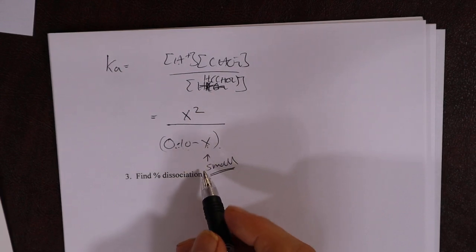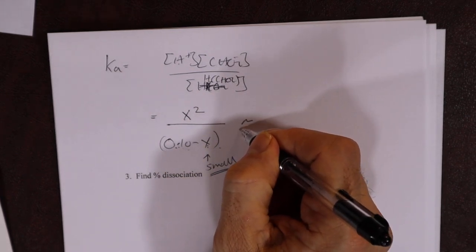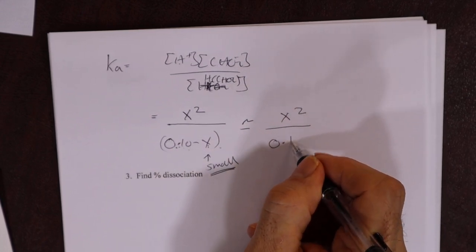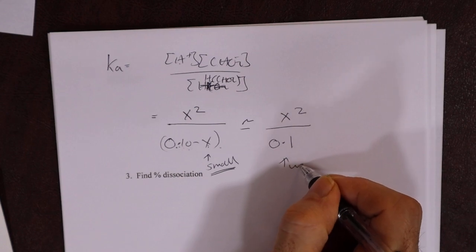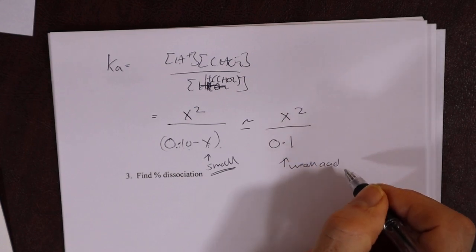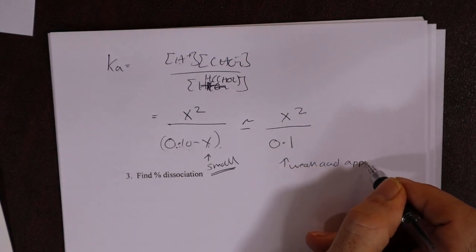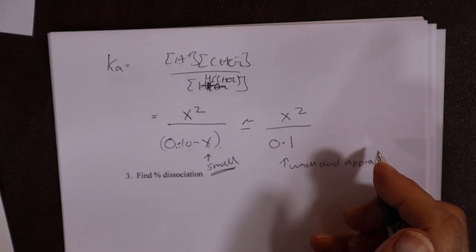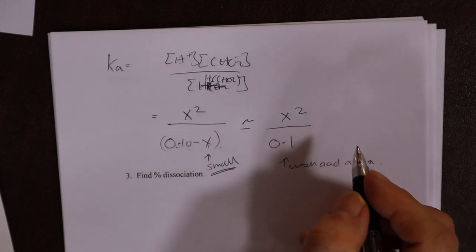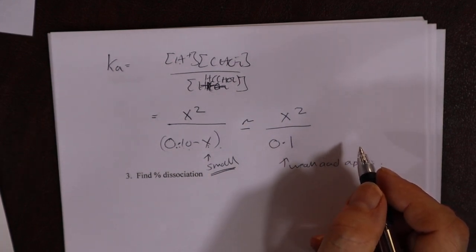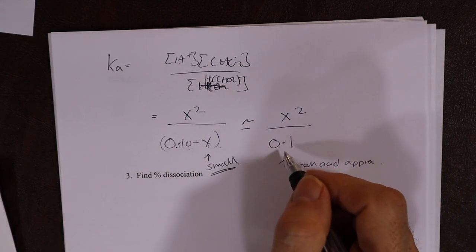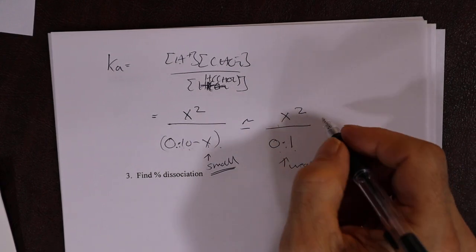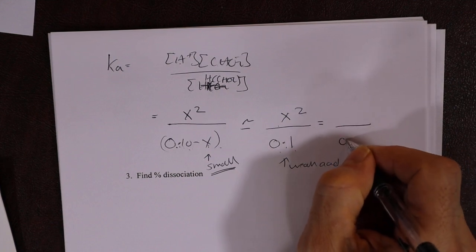We call that the weak acid approximation, and it's essentially equal to x squared over 0.1. We can always make that approximation. We'll meet it formally in a minute. But if you've got a weak acid, Ka is always small, 10 to the minus 3 or smaller. So a big number minus a small number is the same number. Substitute for x on top if we're going to do that.